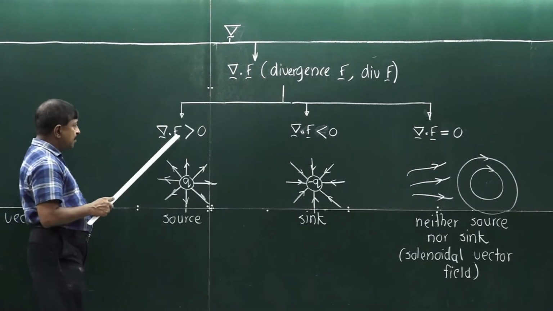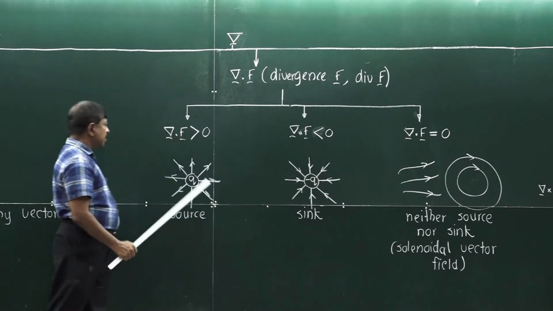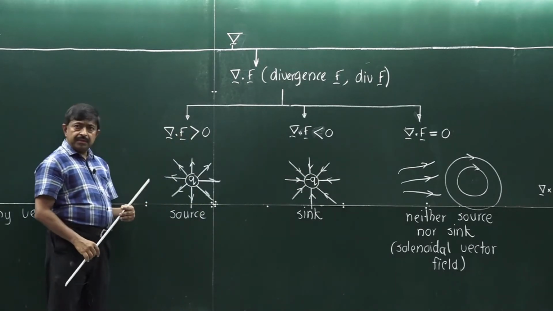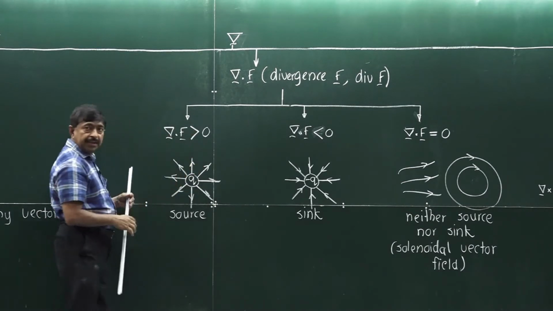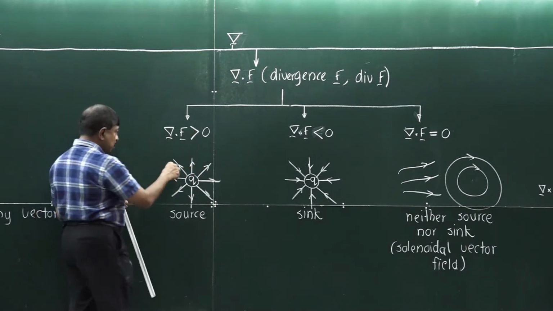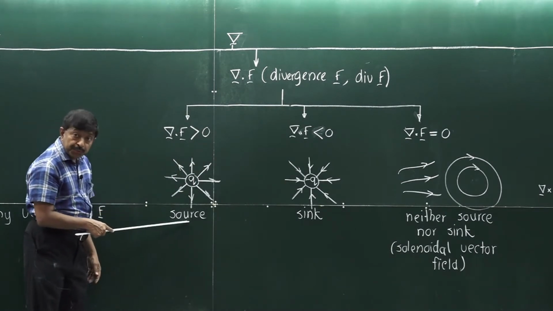So, you can either have a positive value, negative value or 0. A positive value means the field lines diverge like this, they go away. That means it works like a source.